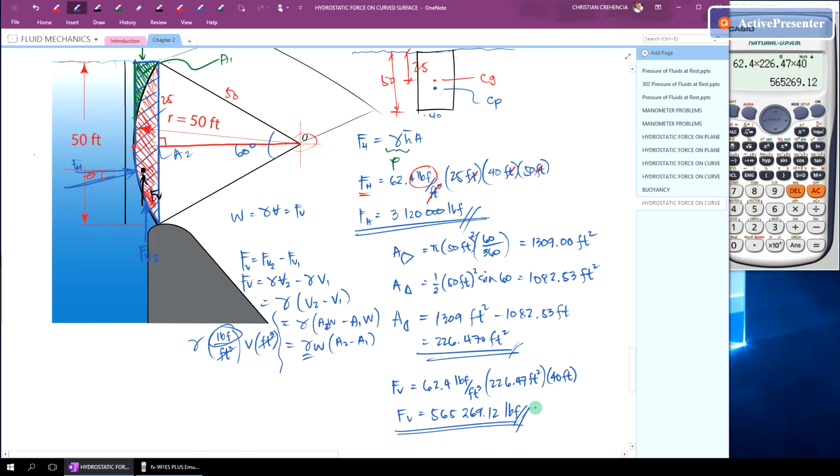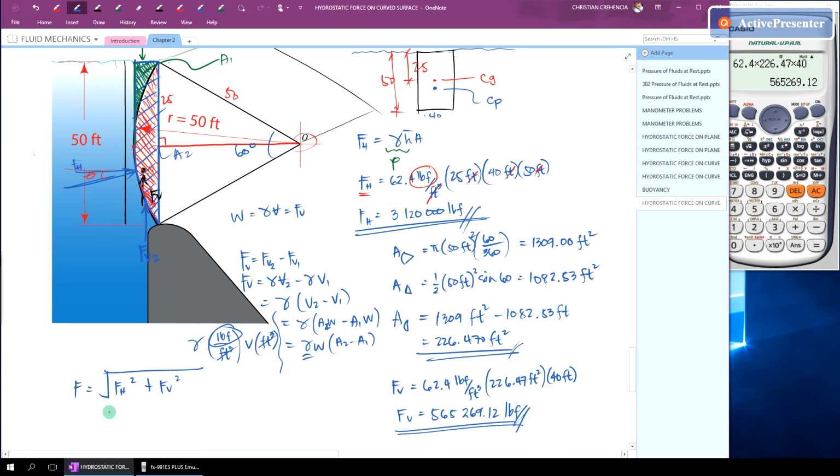Okay. So we have the two components. So solve na natin yung hydrostatic force F. So which is equal to the square root of, okay, FH squared plus FV squared.